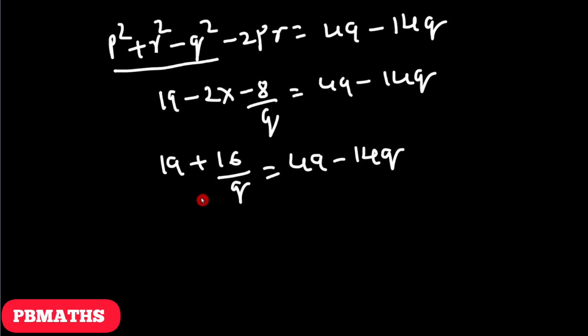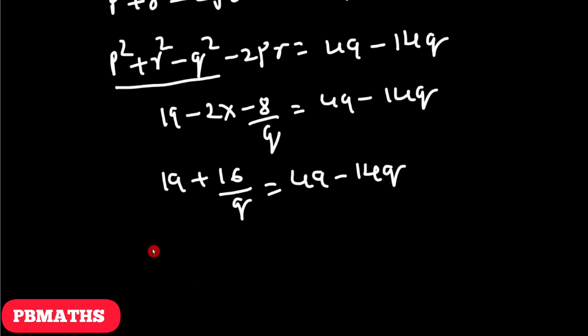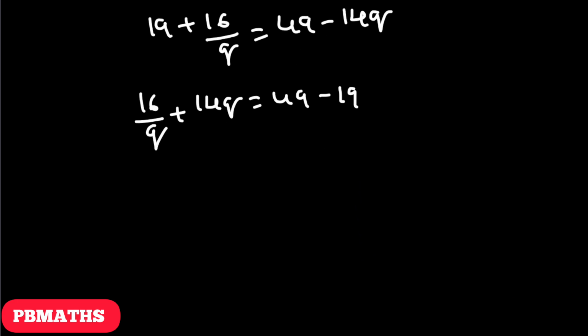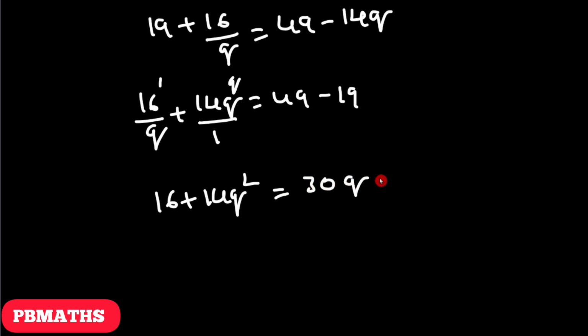Then let's shift this 19 to the other side of the equal and this 14q to the other side of the equal. Then we have 16 by q plus 14q equals 49 minus 19. By simplifying it, we get 16 plus 14q square equals 30q.